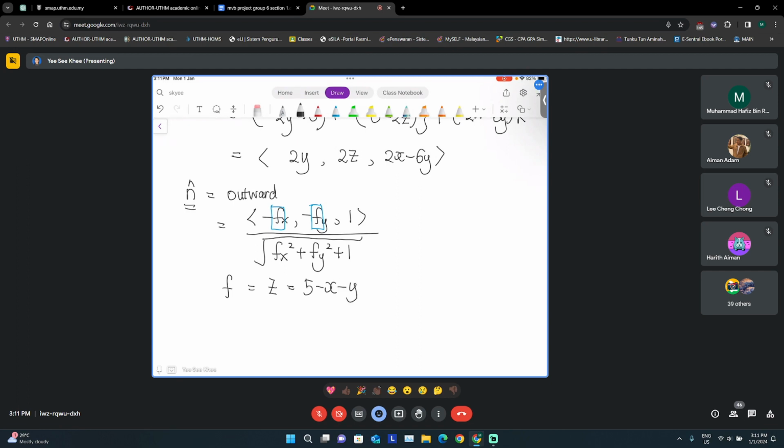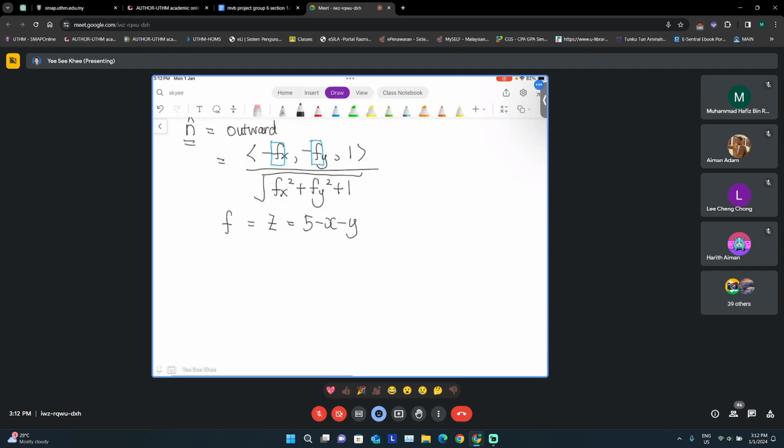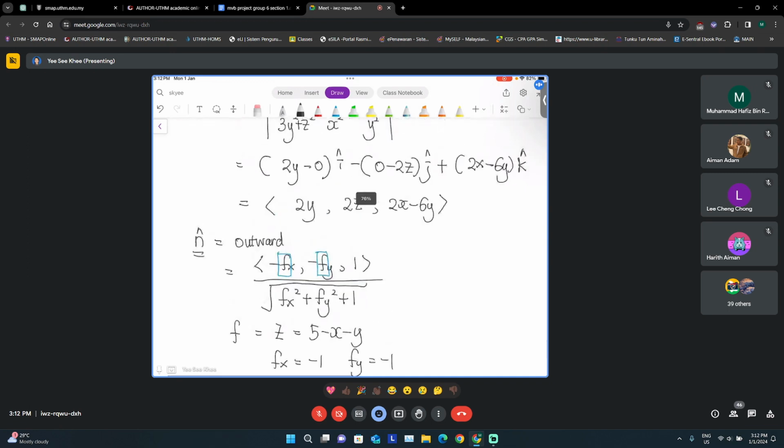You just move the x and y to the right side, and then your fx will be -1, very easy. Fy is also -1.